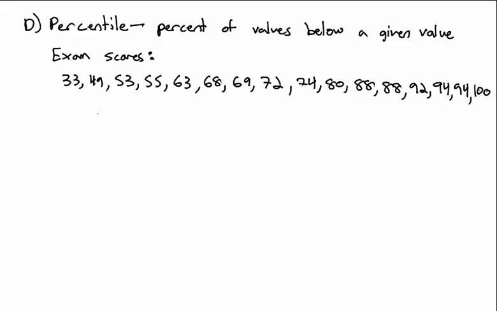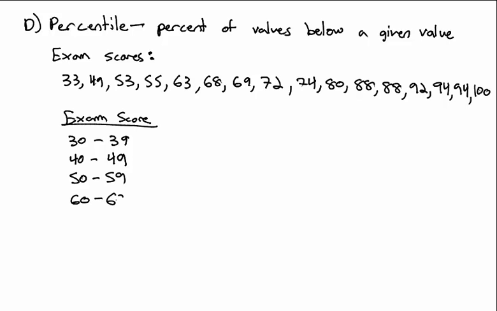And let's make a frequency table here. Let's break it down into tens: 30 to 39, 40 to 49, 50 to 59, 60 to 69, 70 to 79, 80 to 89, 90 to 99, and 100 to 109.